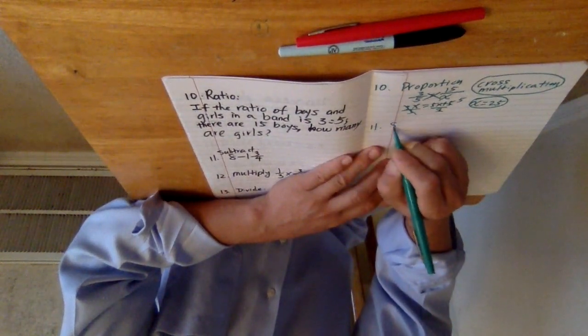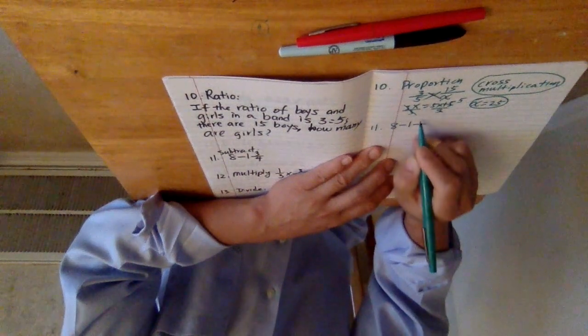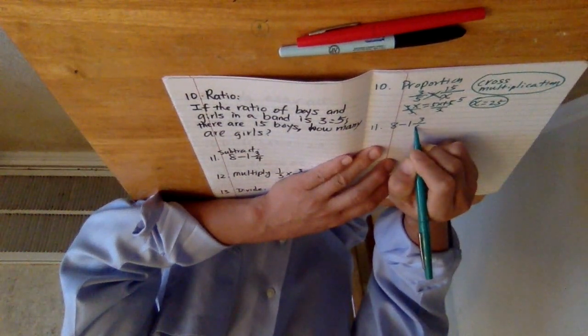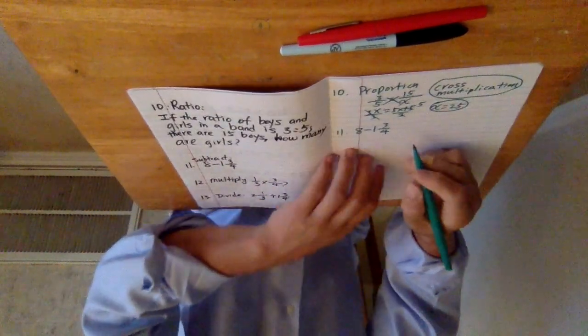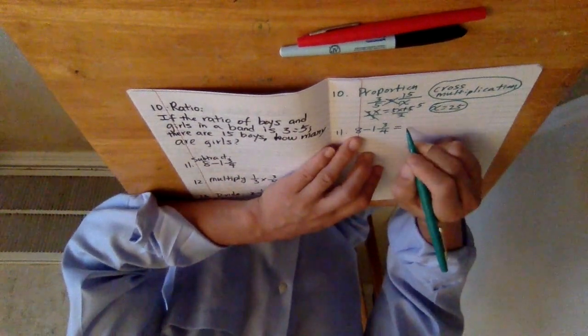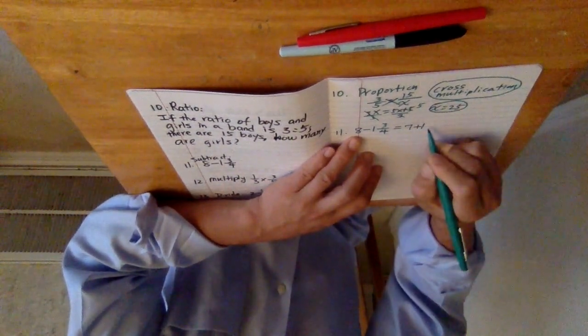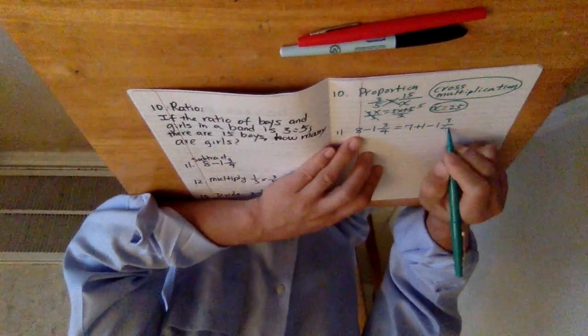Subtract a whole number: 8 minus 1 and 3/4. We can break down the 8 into 7 plus 1, minus 1 and 3/4.